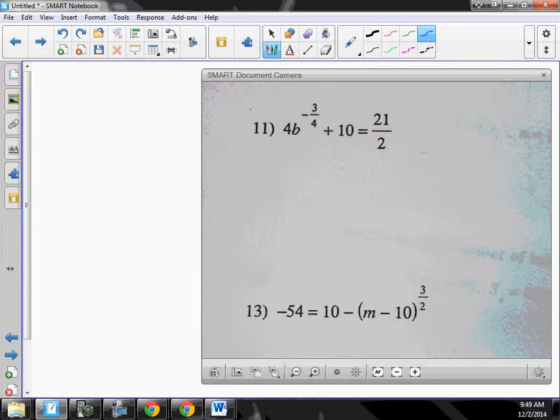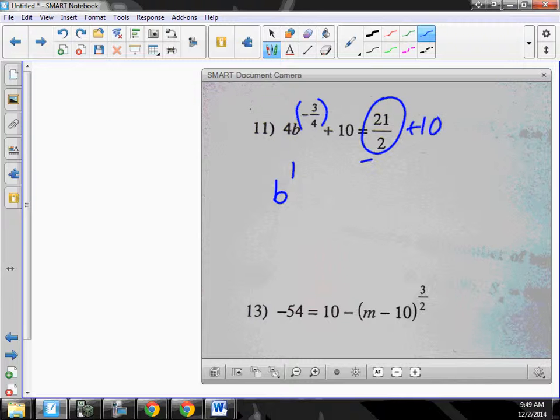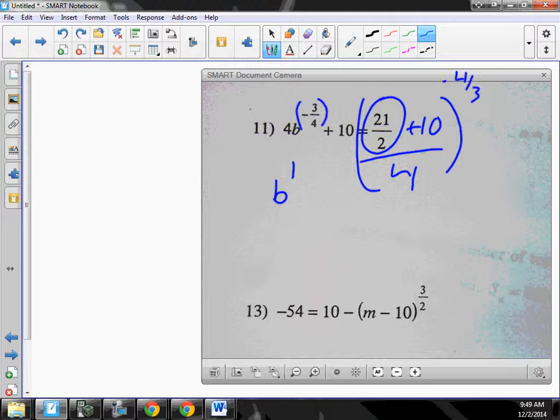We would divide by 4, and then we would raise it to the, well, the goal is to get b to the first. What can I times this by to get 1? Negative 4/3. So we're going to take this, we'll add 10, we'll divide everything by 4, and then we'll take that number and raise it to the negative 4/3. And that will be my answer.